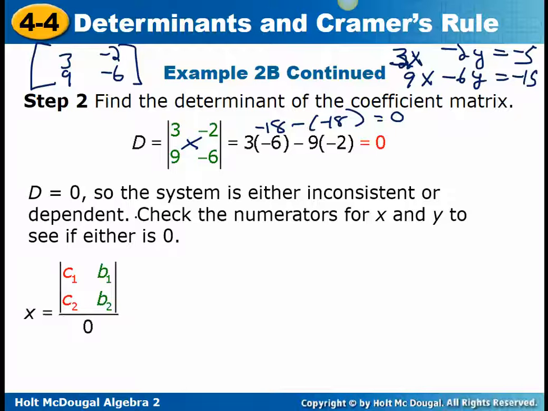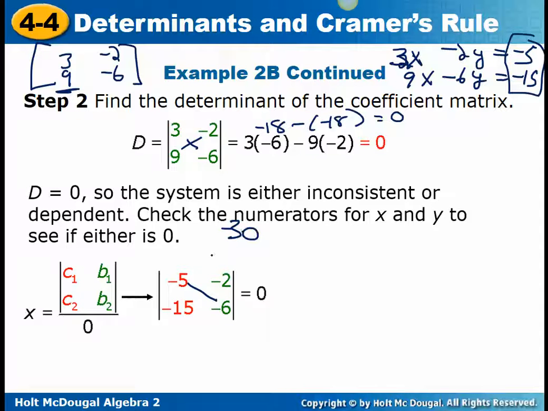To find the x value of our solution, we replace the x coefficients with negative 5, negative 15, the constants. So we would write negative 5, negative 15, and then the negative 2, negative 6. We find the determinant of this by going negative 30 minus a negative 30, and that's equal to 0.